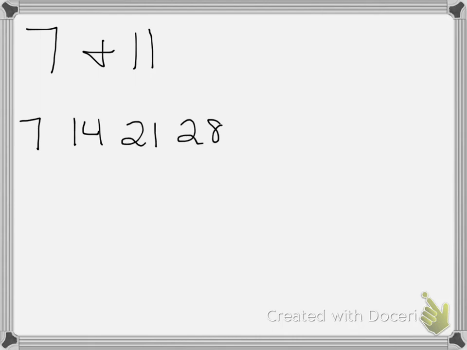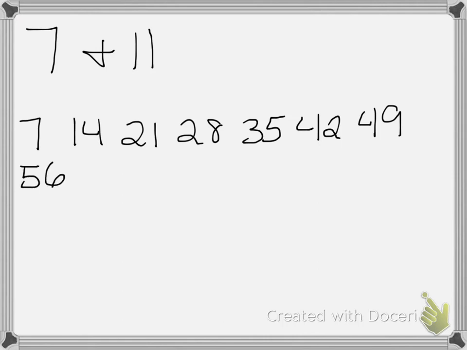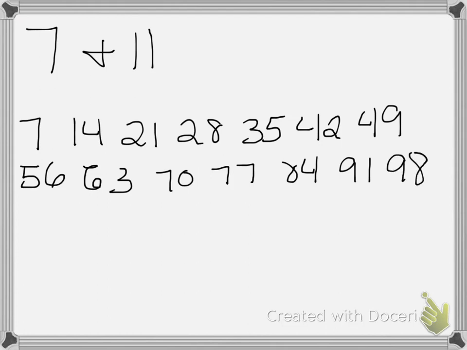Number 3 wants you to find the least common multiple of 7 and 11. So our multiples of 7 are 7, 14, 21, 28, 35, 42, 49, 56, 63, 70, 77, 84, 91, 98.